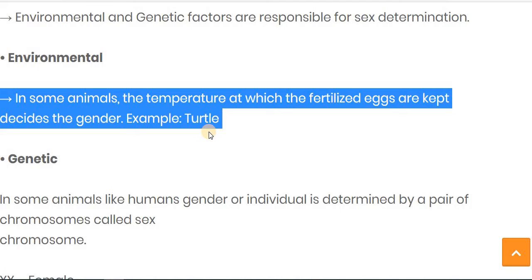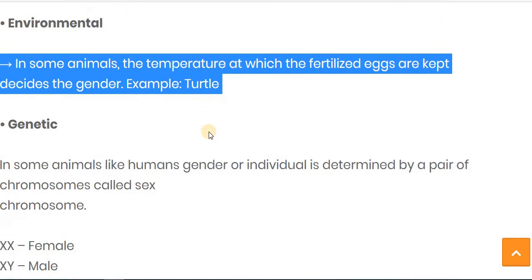If a high temperature is there, then a particular gender arises, and if a lower temperature is there, then the other gender arises. So in some animals, the temperature at which the fertilized eggs are kept decides the gender. For example, in the turtle, the temperature will decide the gender. So we can say that in the turtle, sex determination is based on temperature. So this comes under the environmental factor.